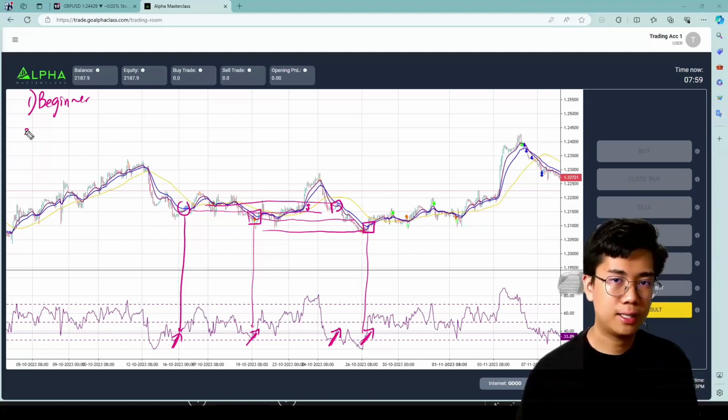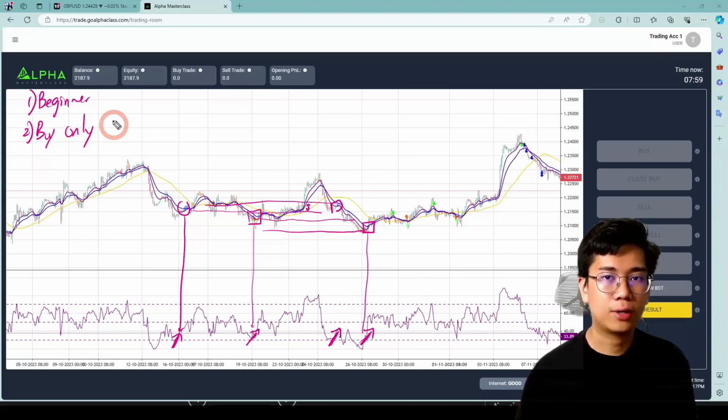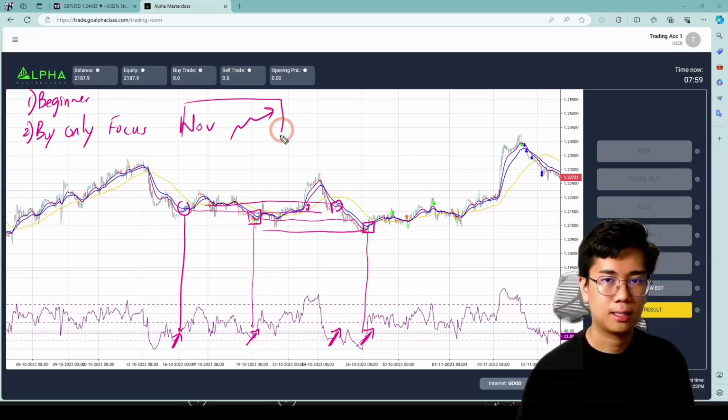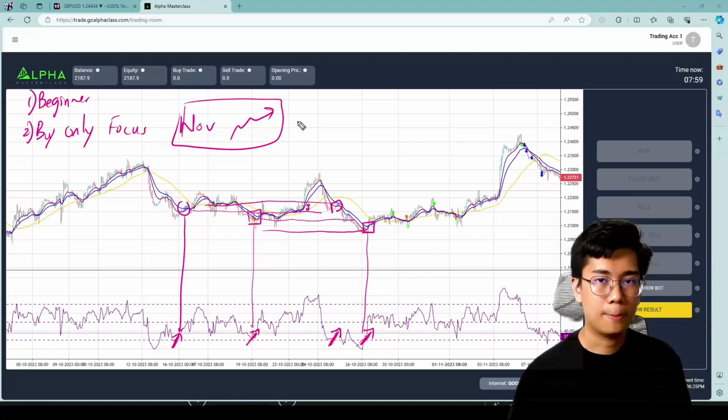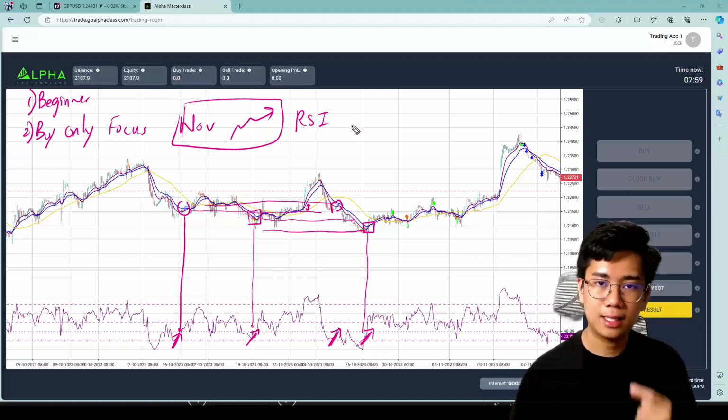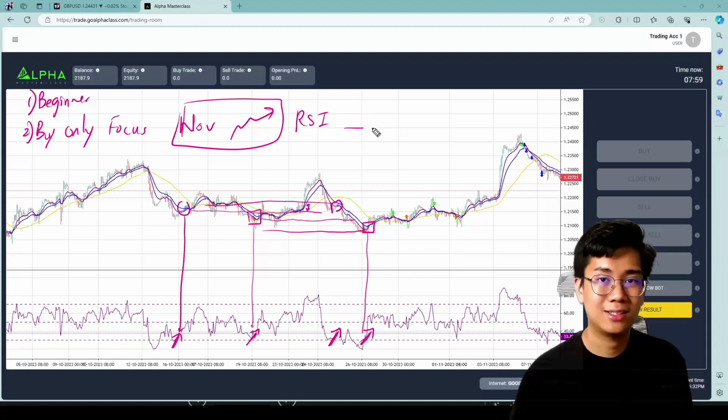On the first one, I just buy only because I focus on the November uptrend. That's all I'm focusing on. Because I focus on the uptrend, I choose only one indicator because one is easier, so I just focus on RSI 30 crossing up.